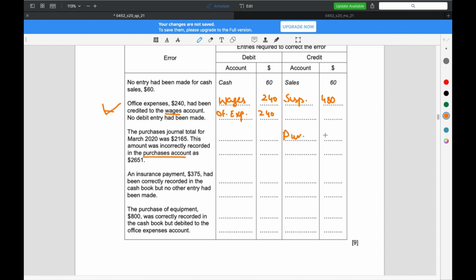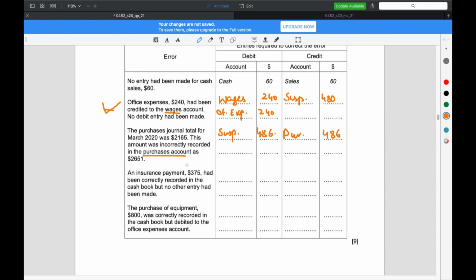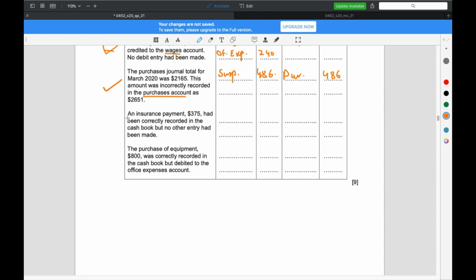And then to balance this entry, we have to debit the suspense account by 486 as well. So the purchases account was overstated, we have to decrease it by crediting it by 486, and the suspense account will be debited by 486. Done.